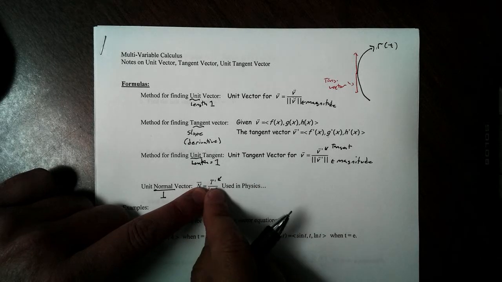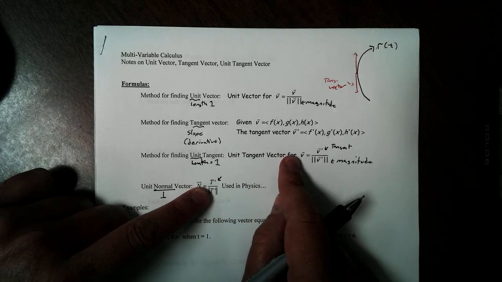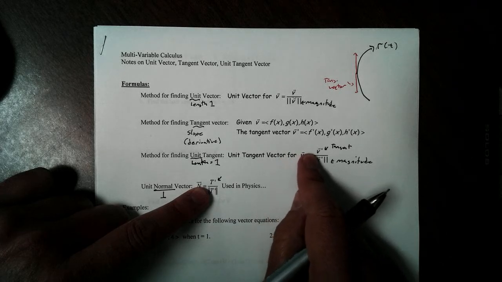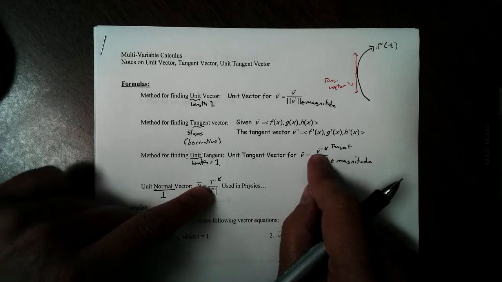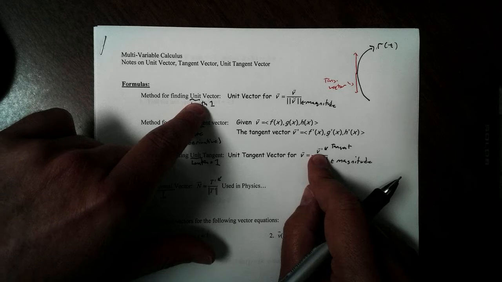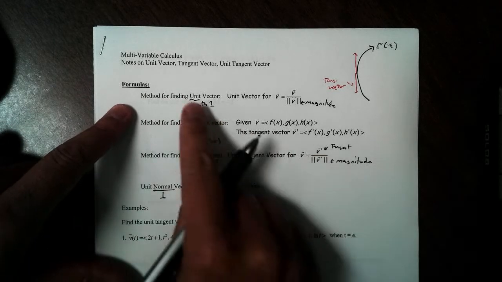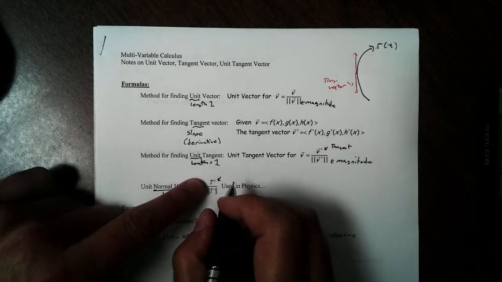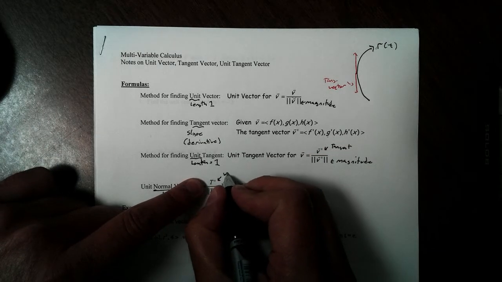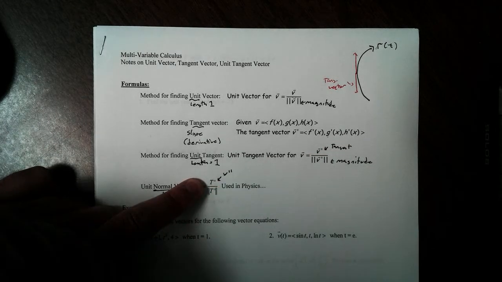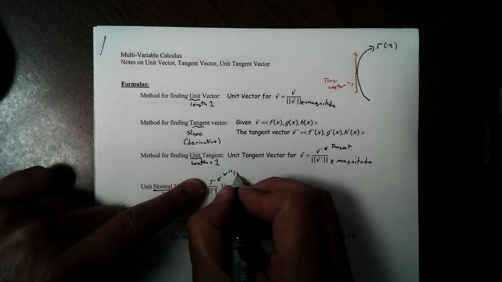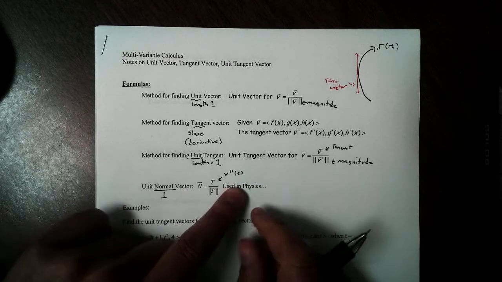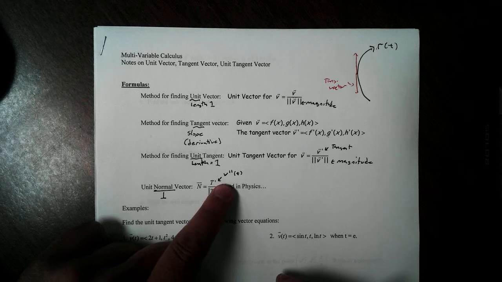Well, remember, my tangent vector is the derivative of my original vector. So if this gives me distance, this would be velocity. This is kind of like our acceleration. So now this is like our second derivative of our original vector.